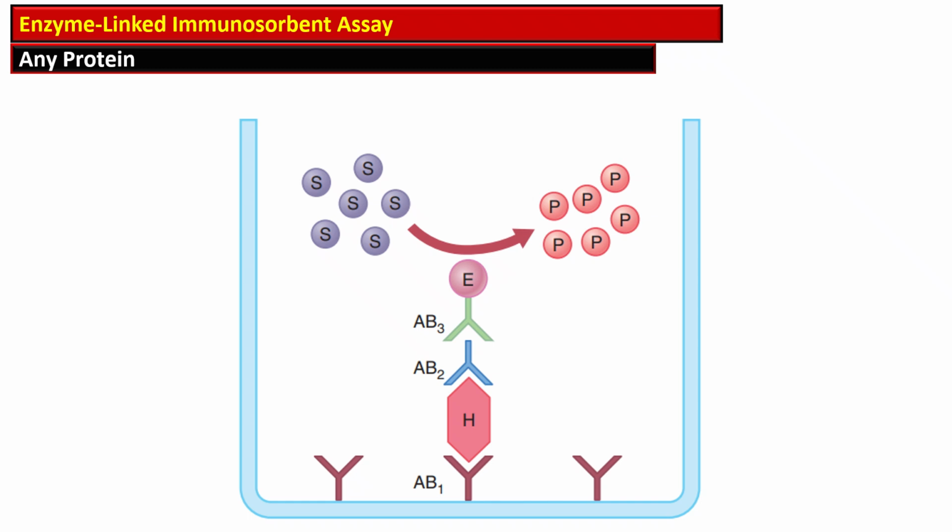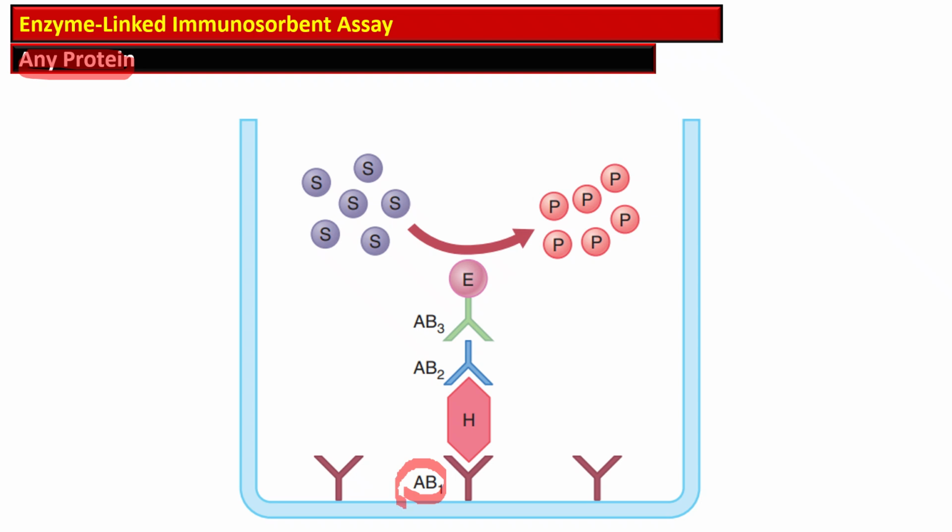The enzyme-linked immunosorbent assay can be used for the detection of any protein, and the first step in this process is to prepare the plate. A 96 well plastic plate is used for this test, and each well is coated with an antibody, that is the capture antibody.